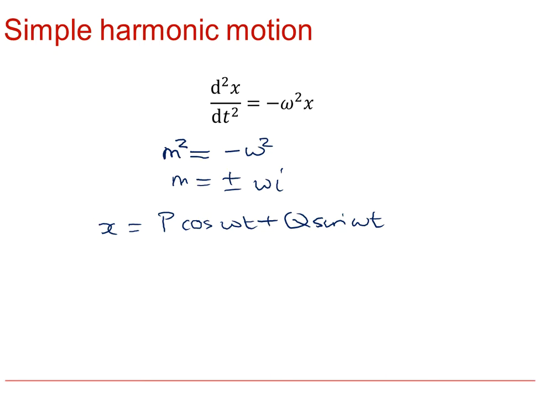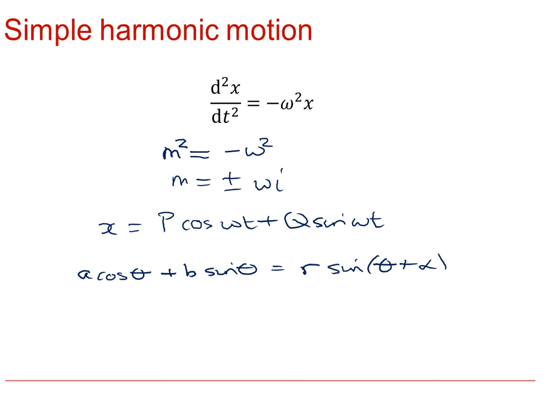You should link this with your work on trigonometry, in that we can write a cos theta plus b sin theta as being some r sin(theta plus alpha).